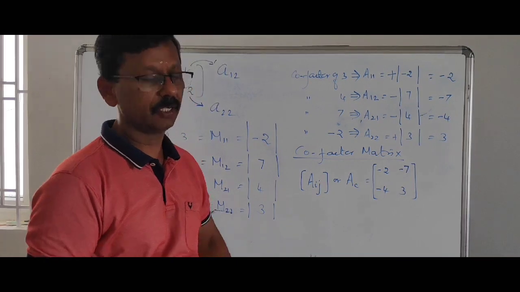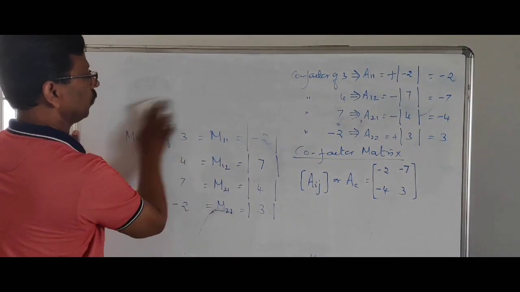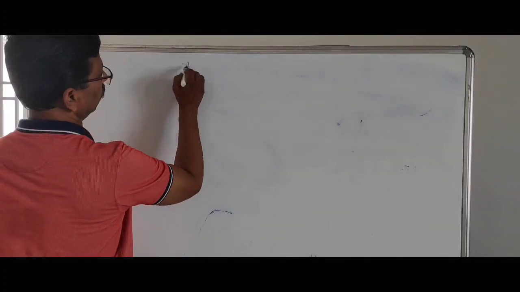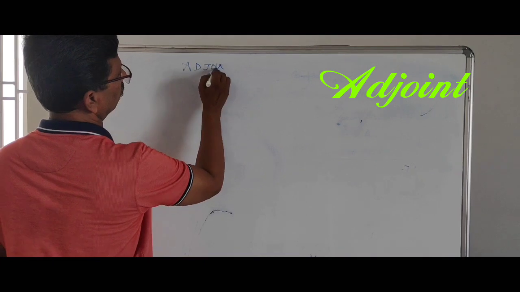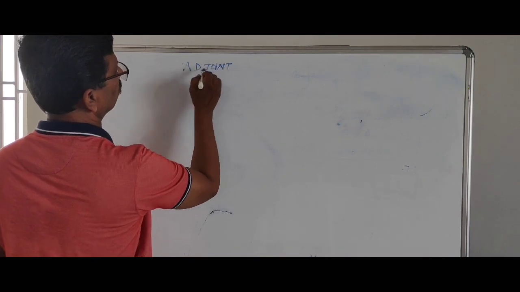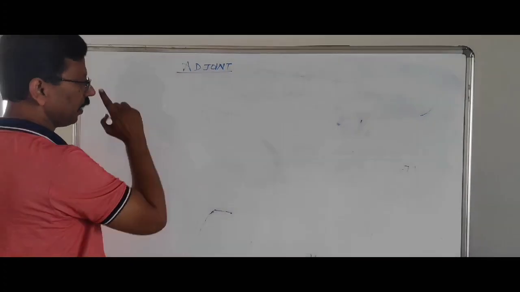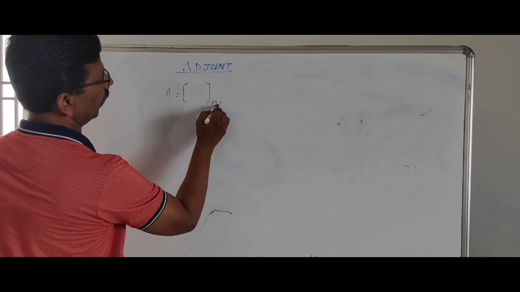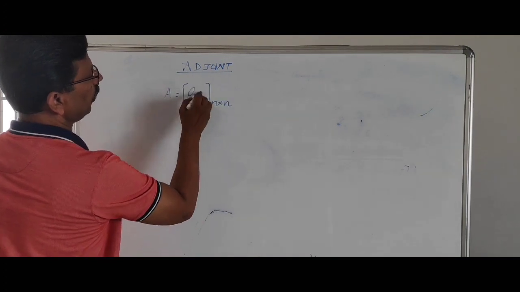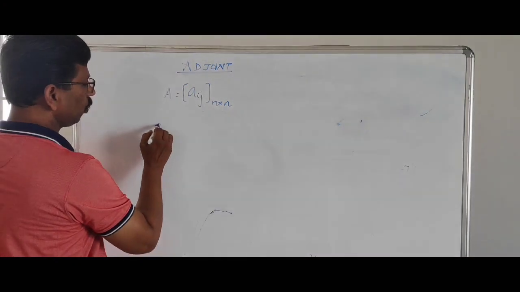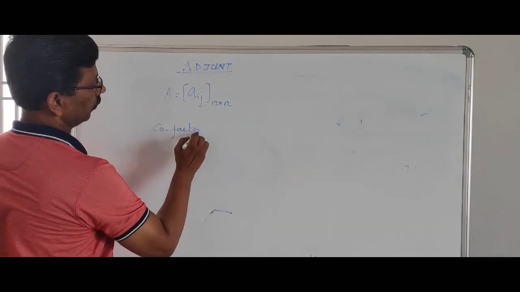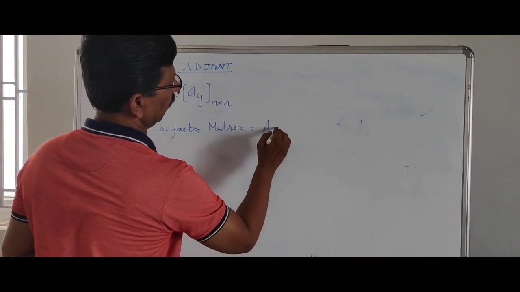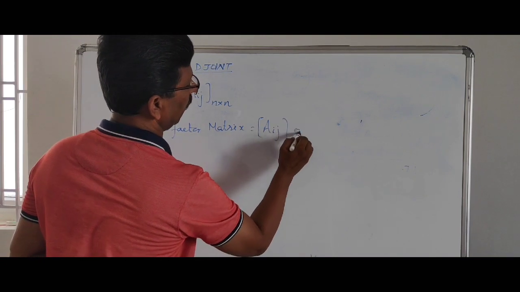Now let us see what the adjoint of a matrix is. For finding the adjoint, let us assume capital A is a square matrix of order n whose elements are Aij. The cofactor matrix is (Aij), or you can say AC.